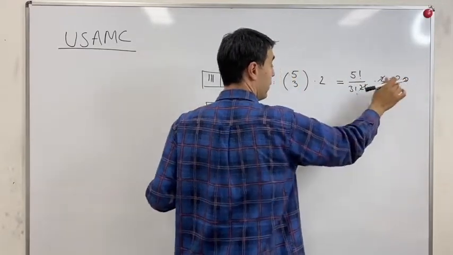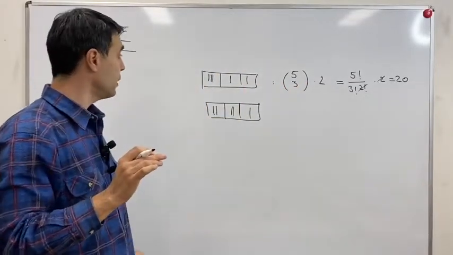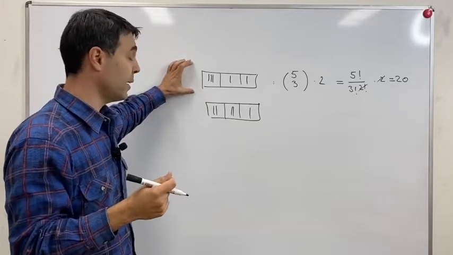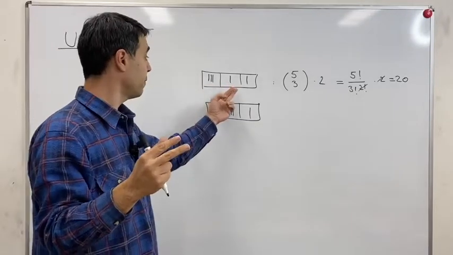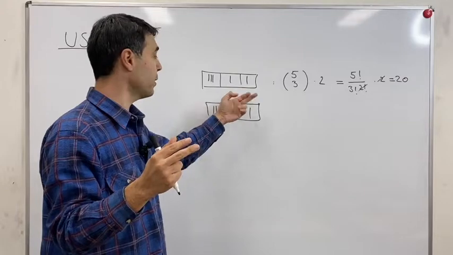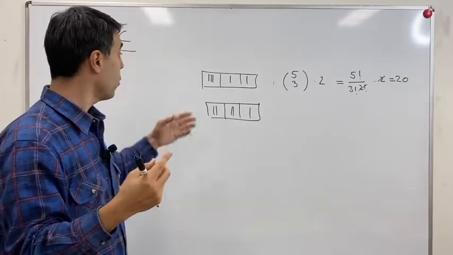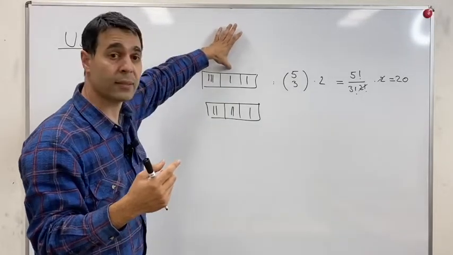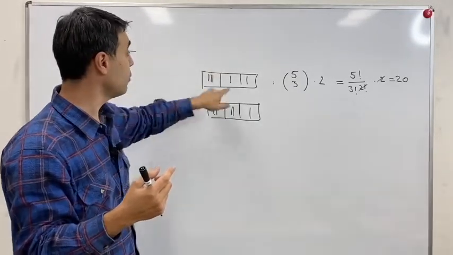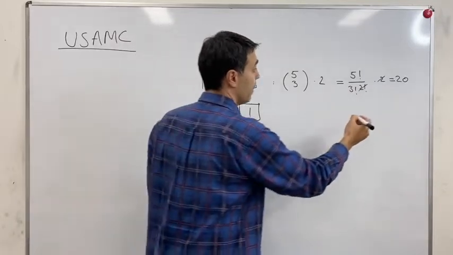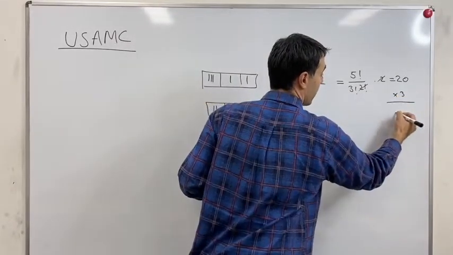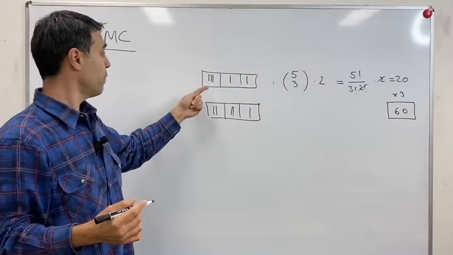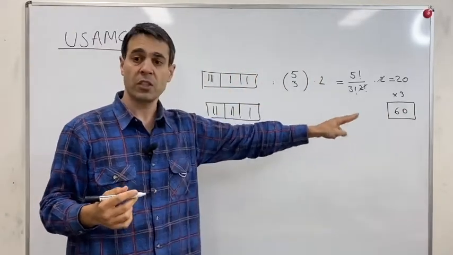But this is not completely correct because what this means is in 20 different ways, the first kid can get 3 candies and the second and third kid can get only 1 candy each. Now, what if the second kid, the middle one, is the one that gets 3 candies? So this is what I said. At the end, you have to multiply by 3. So when I multiply by 3, I get 60 different ways. So the combination of 3, 1, 1 gives us 60 different ways.